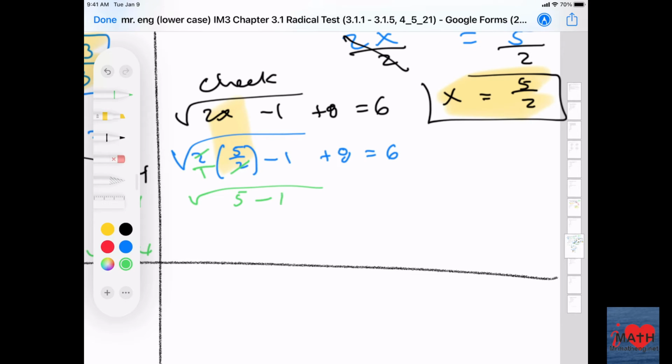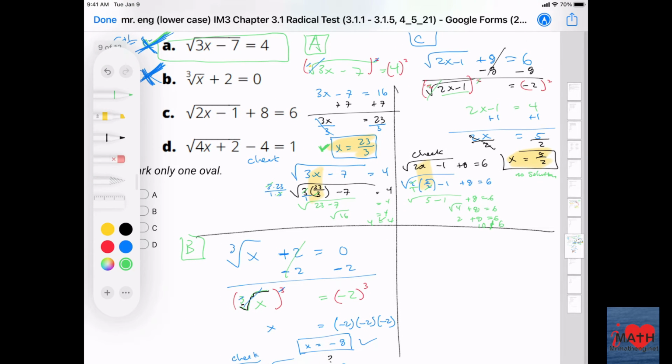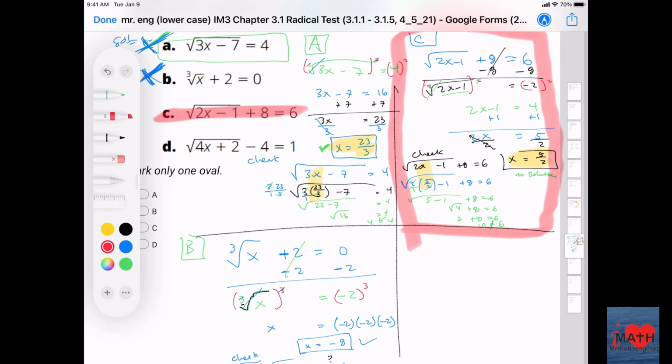So you're going to get 5 minus 1 plus 8 equals 6. Square root of 5 minus 1 is 4, and square root of 4 is 2. And you add those together, you get 10. And the question is, can 10 equal 6? The answer is no. So this would be a no solution. Okay, that's the one we wanted. So our no solution here would be C.